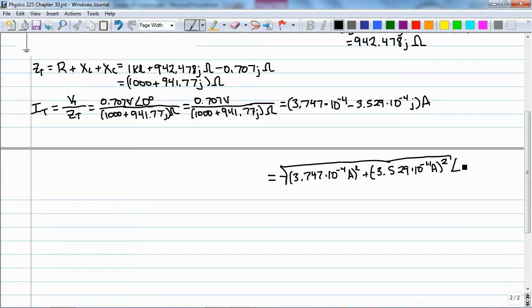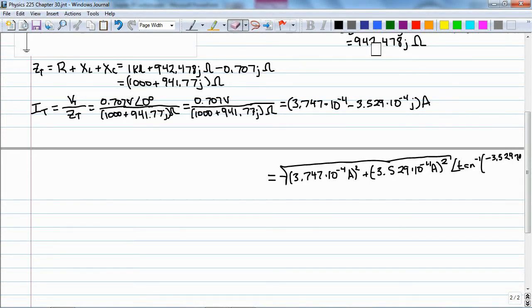The angle is the arctangent of negative 3.529 divided by 3.747.